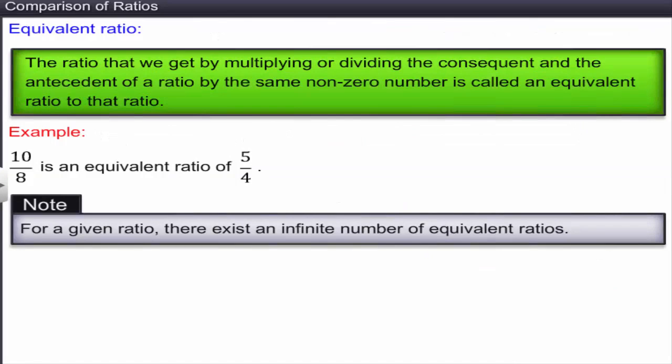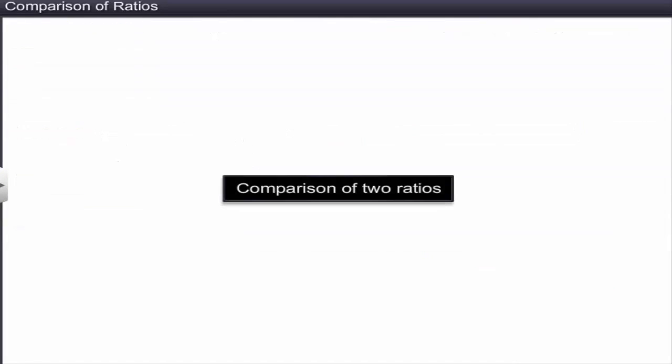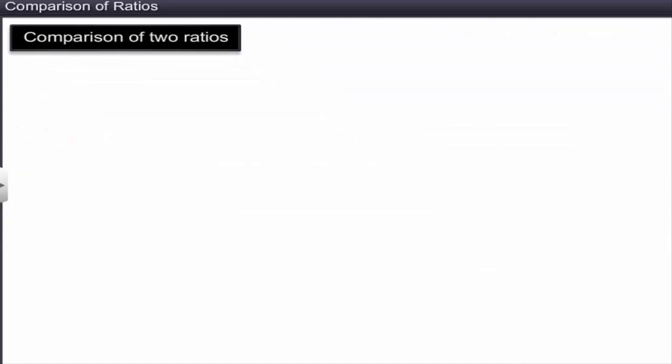Let's now learn to compare two ratios. We compare two ratios to know whether they are equal or to know which one of them is greater than or less than the other. Let's consider two ratios, A:B and C:D. Ratios can also be represented as fractions, as shown here.